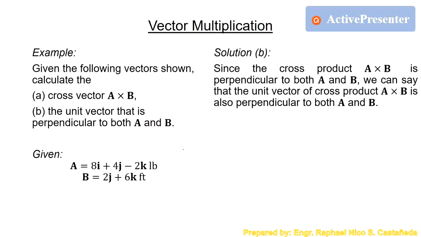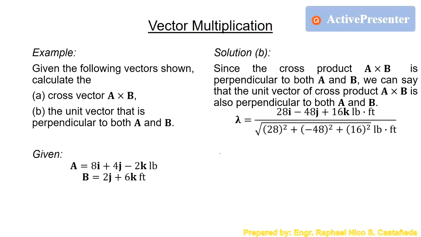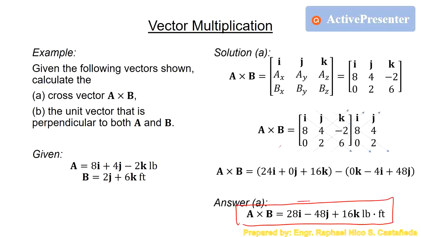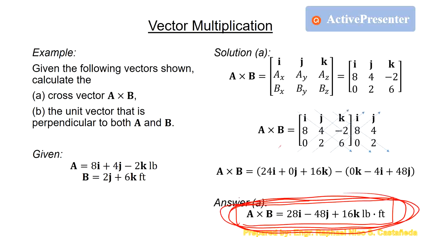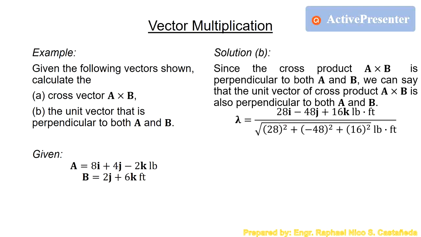Since the cross product of A and B is perpendicular to both A and B, we can say that the unit vector of the cross product of A and B is also perpendicular to both A and B. We have the cross product of A and B, which is 28i minus 48j plus 16k. This one right here is vector C. To get the unit vector lambda C, we get this value.